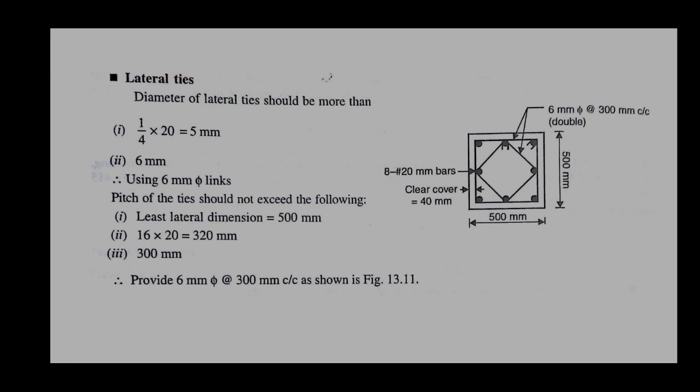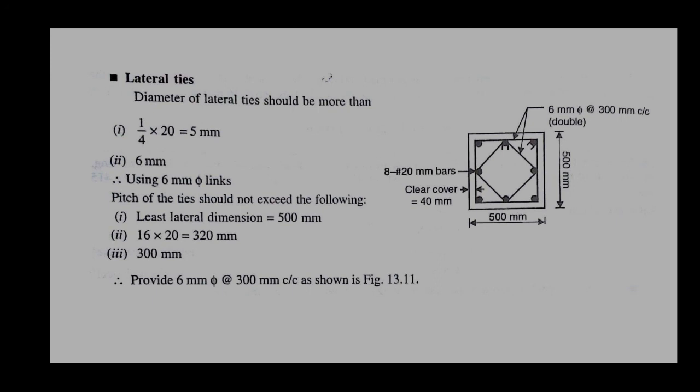So, we can use 6 mm links or lateral ties, and pitch of the ties should not exceed the following: least lateral dimension, that is 500, 16 into dia of bar, that is 20, is equals to 320 mm, and 300 mm. Okay. So, now provide 6 mm dia links or lateral ties at the rate of 300 mm center to center as shown in figure.